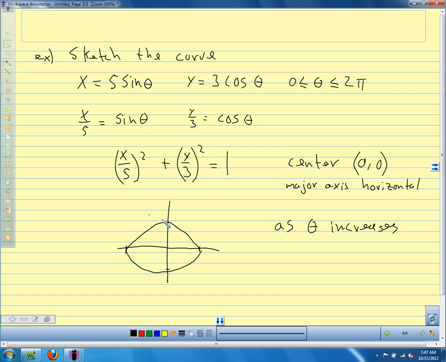So when theta equals 0, we start here. And when theta equals pi over 2, y equals 0, and x equals 5. So as theta increases, we're going around clockwise.